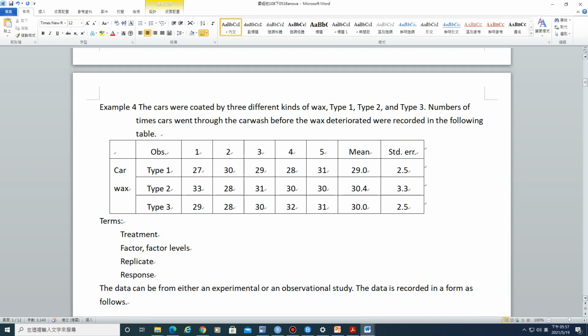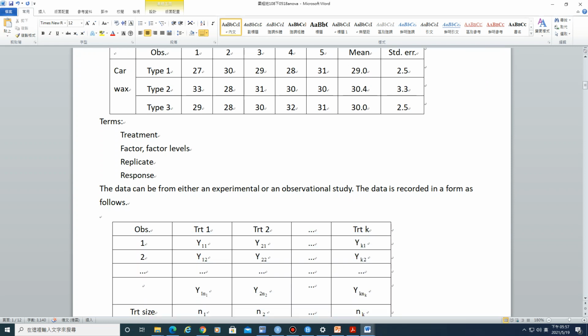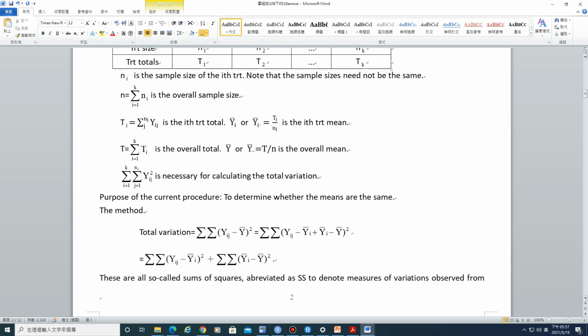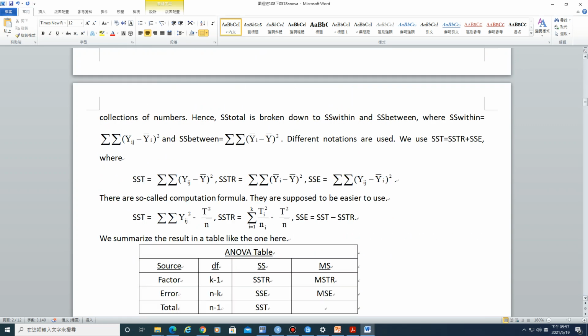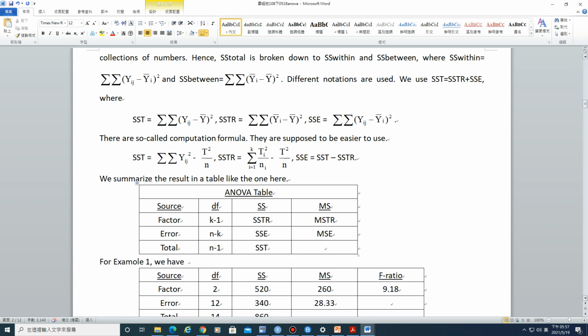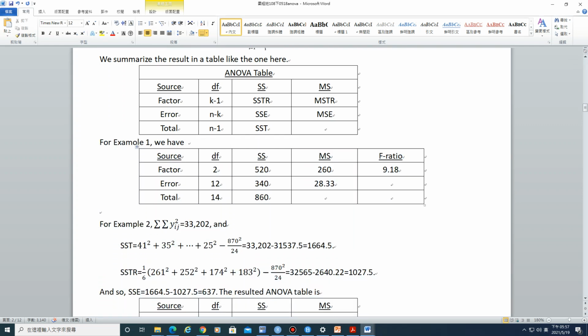We have covered the computation of the total sum of squares, error sum of squares, and the treatment sum of squares. And we have come to the preparation of the Anova table. This is the table of the example in the book, right? The numbers are pretty good.